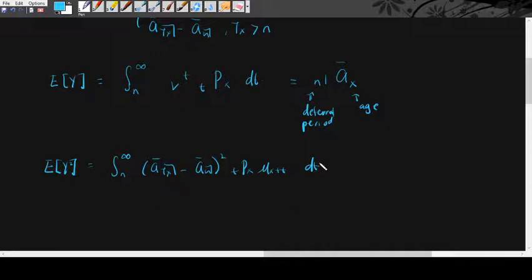And then once you get the expected value of the second moment, you can get the variance, which is the second moment minus the first moment squared.